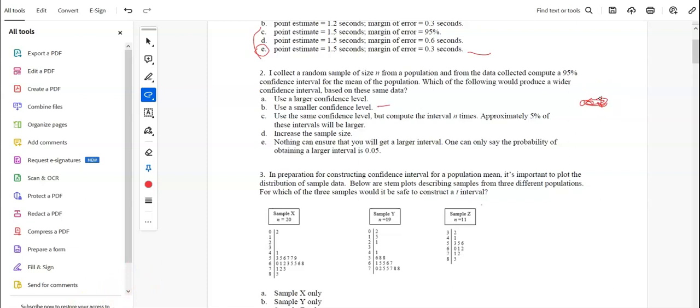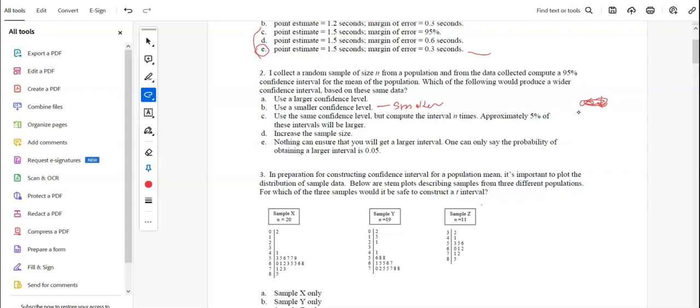Use a smaller confidence level. If I'm like 60% confident, what would happen there? That would produce a smaller confidence interval because I'm less sure, so I'm taking a better guess. Like I think, oh, maybe within 1%, but there's less chance of that happening, so it's going to do the reverse.